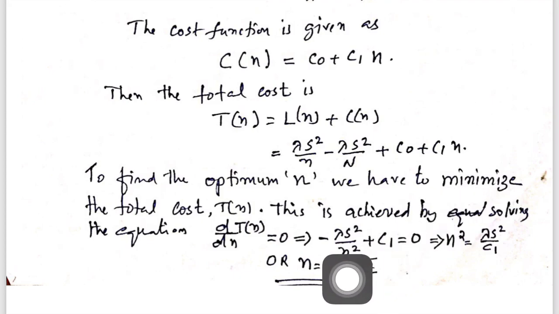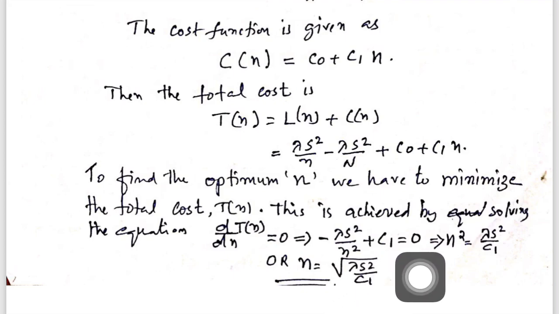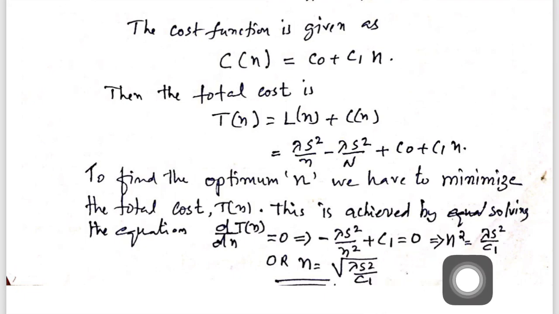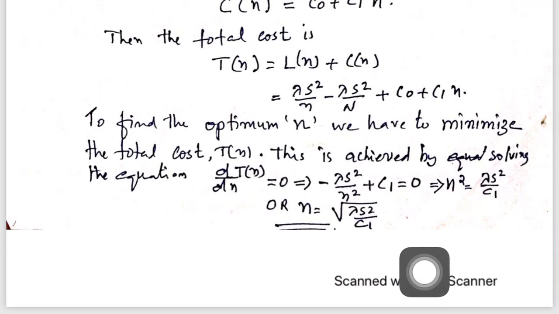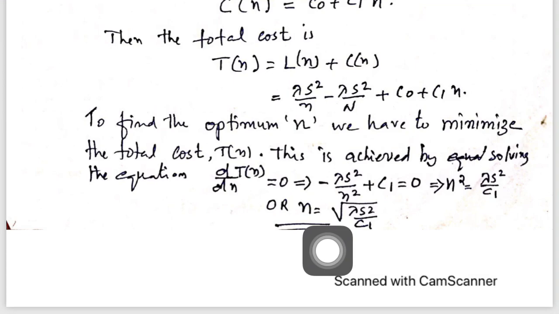So you will get minus lambda S square by n square plus C1, that is equal to 0. And you can solve for n. First you will get n square is equal to lambda into S square divided by C1, and you take the positive square root, that is equal to root of lambda into S square by C1.